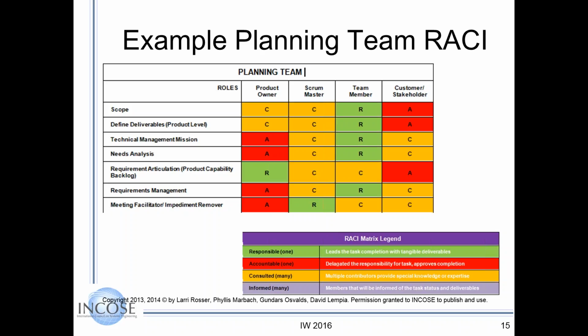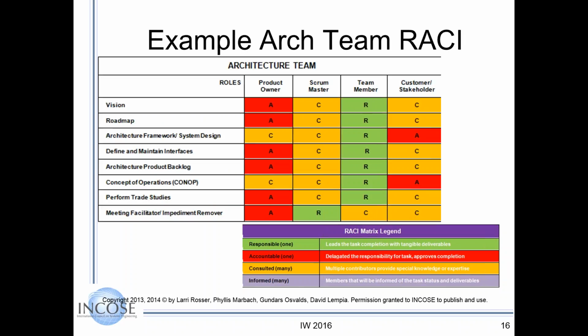So the planning team, depending on who your customer is, if you're building a satellite system, might be interested in satisfying requirements, but if you've got a set of requirements, you've got your scope being maintained. And then a typical architecture team might maintain a concept of operations.